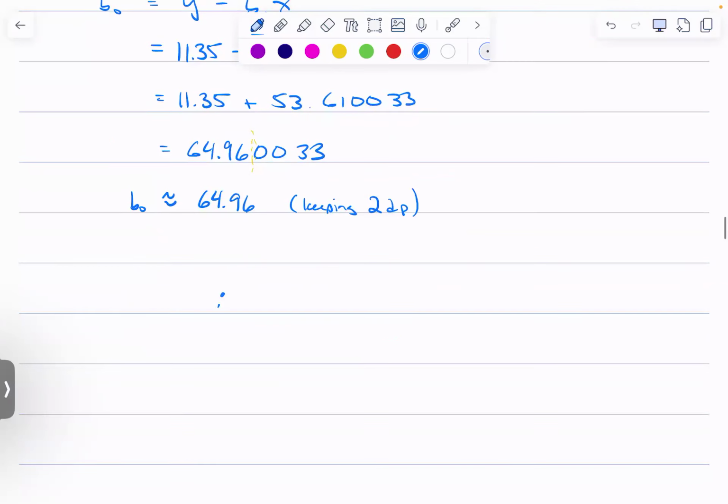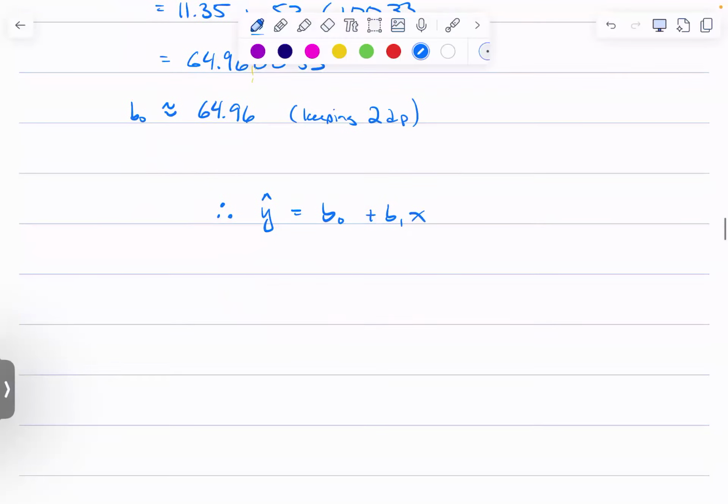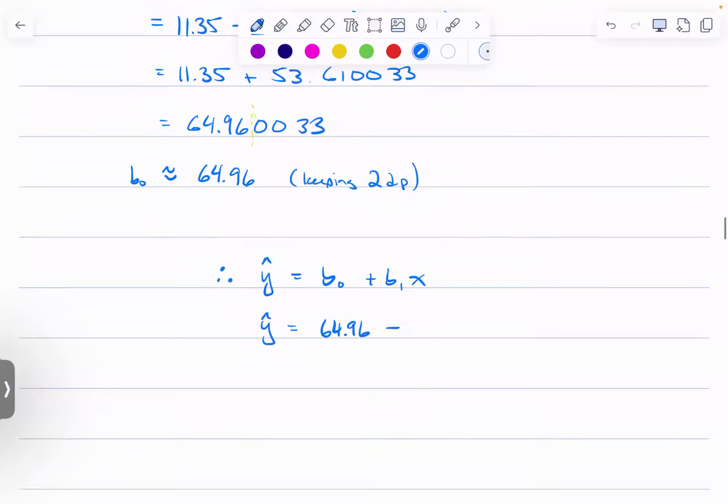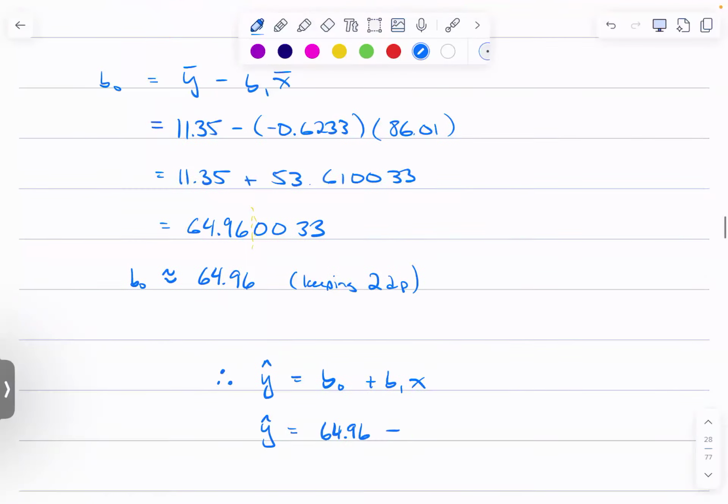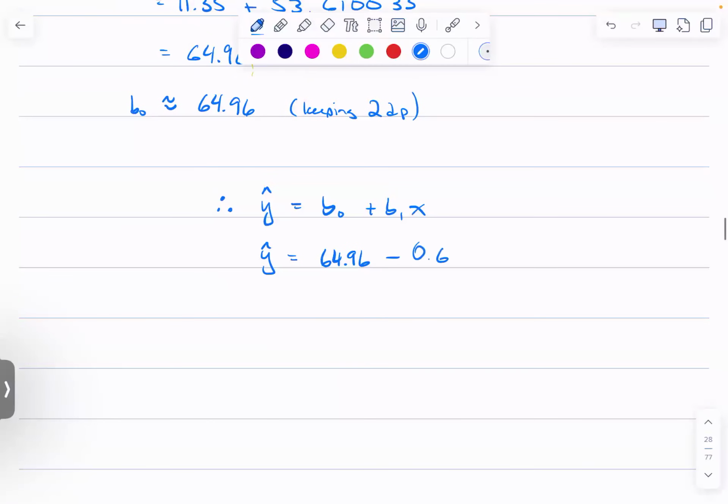But then, therefore, y hat is b naught plus b1 times x, and we just found b naught, so y hat is 64.96 minus 0.6233 times x.